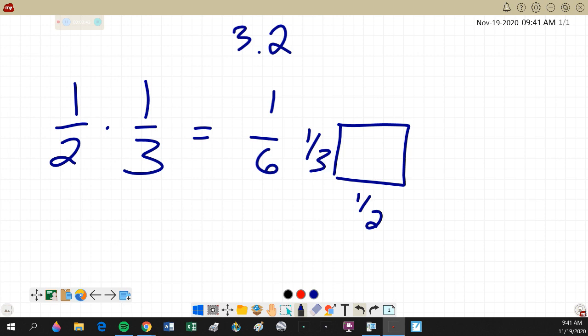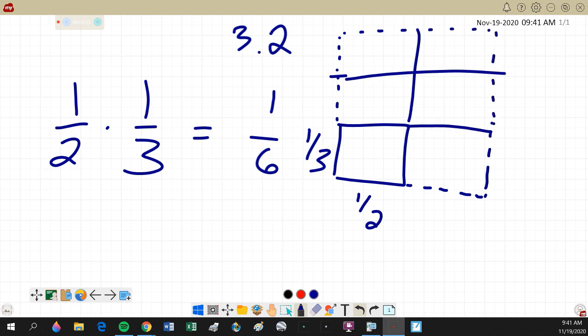Well, half would be that big, and a third, so that's a 1 by 1 square. I didn't draw it very well, but it's supposed to be a square. And if I take half of the square multiplied by a third of the square, how much area do I end up with? 1/6 of the square. Does that make sense?